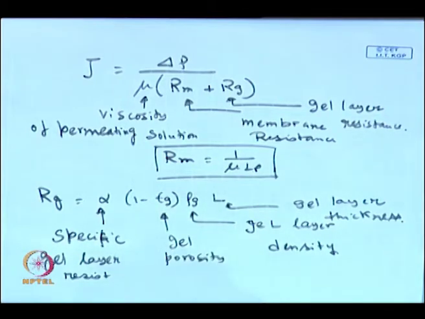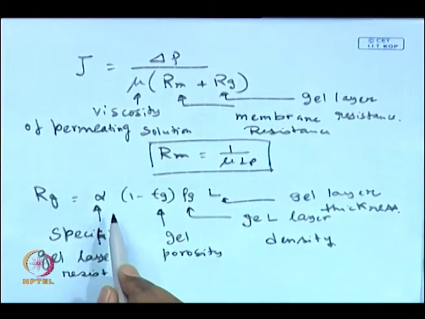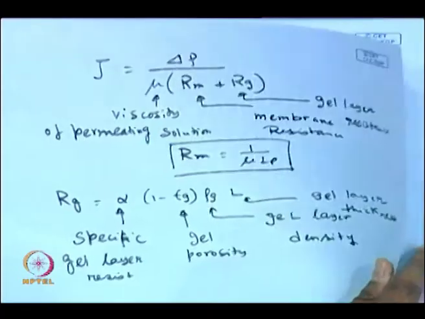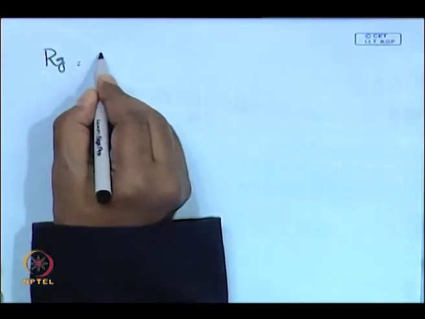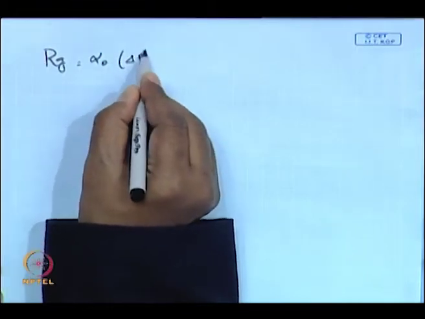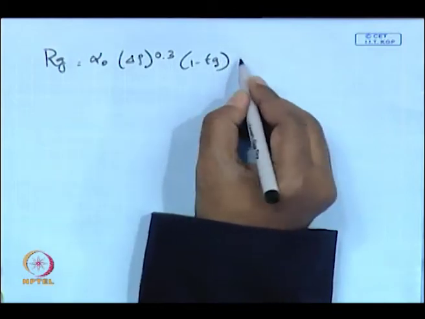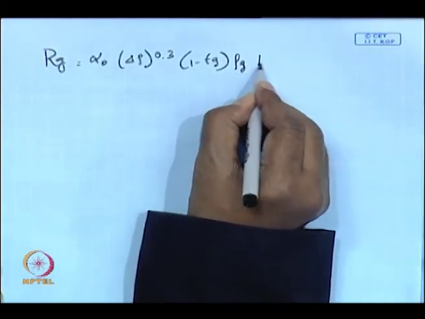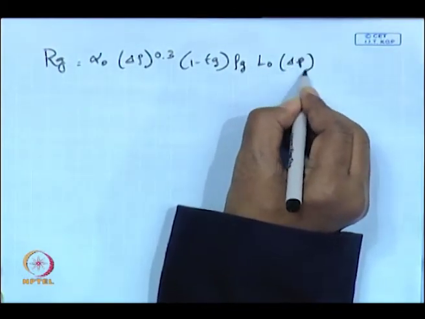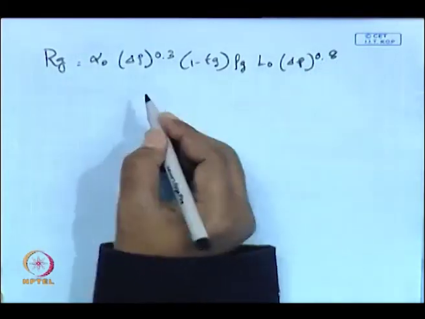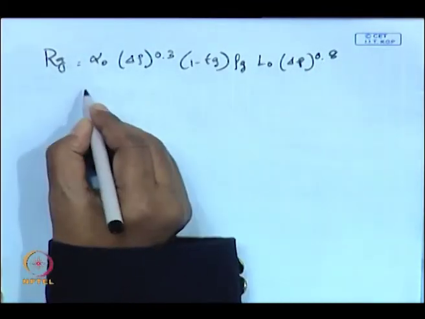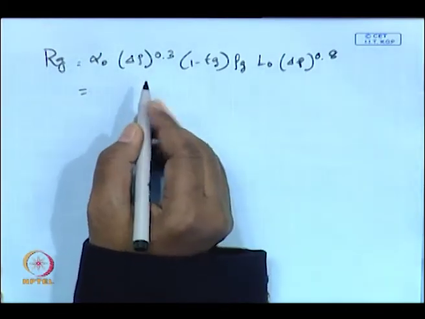Now, you put the expressions of alpha as a function of delta P and L as a function of delta P in this equation. So, what you will be getting is that R g is equal to alpha naught delta P raised to the power 0.3 into (1 minus epsilon g) rho g times L naught delta P raised to the power 0.8, and just put in the different values given.